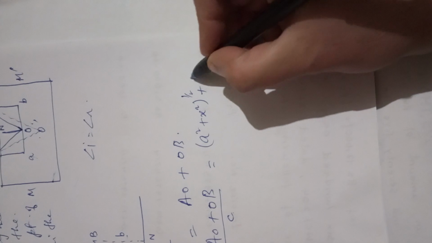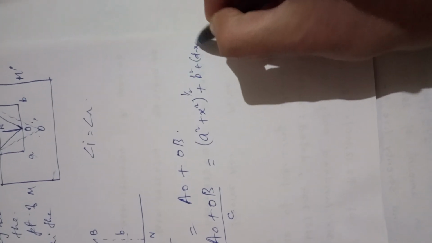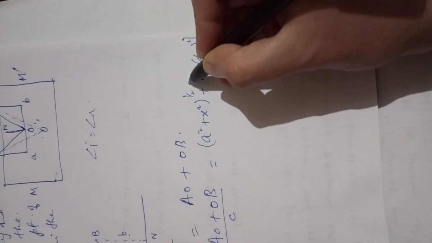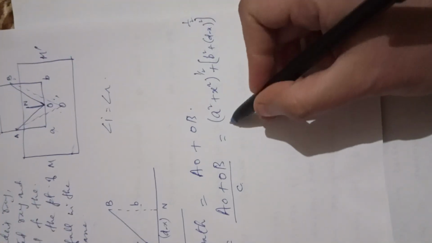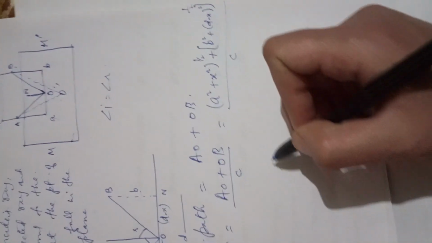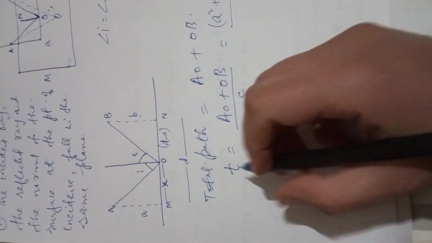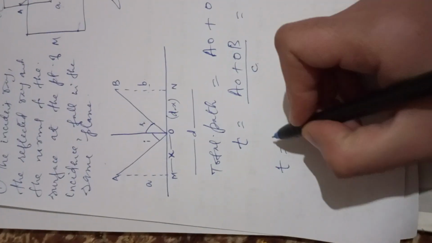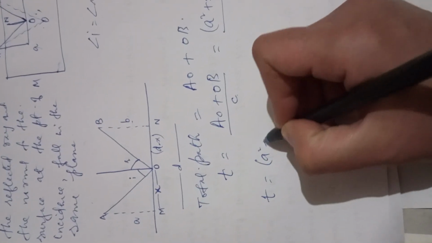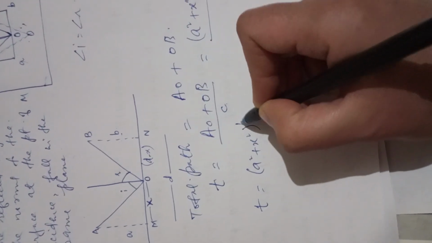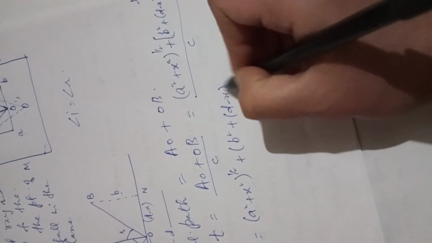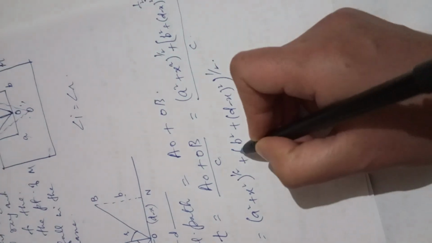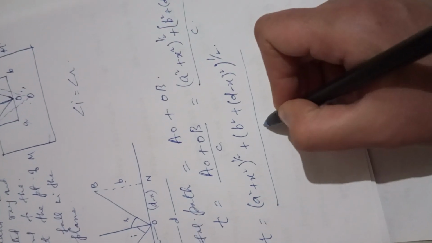Simply from the right angled triangles, you can find AO and OB, divided by c. Right? So let me rewrite it: this time is equal to the square root of (a square plus x square) plus the square root of (b square plus (d minus x) square), all divided by c.